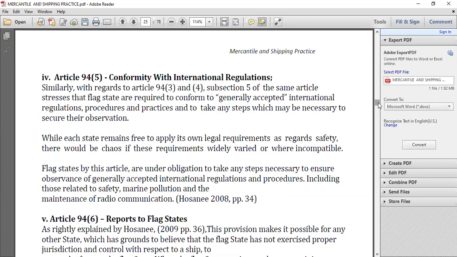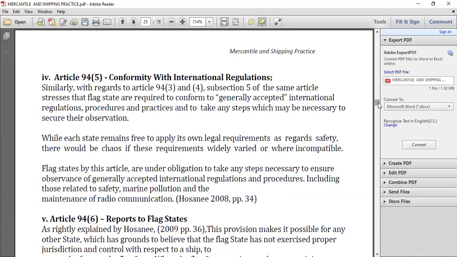While each state remains free to apply its own legal requirements as regards safety, there would be chaos if these requirements widely varied or were incompatible.